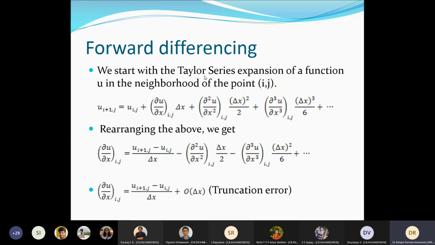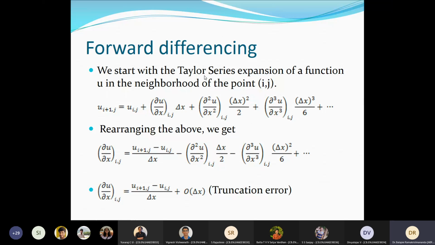Well, we start with the Taylor series expansion of function u. Okay. And we are looking only at the x direction or I direction, where I increases in steps of 1, x increases in steps of delta x.